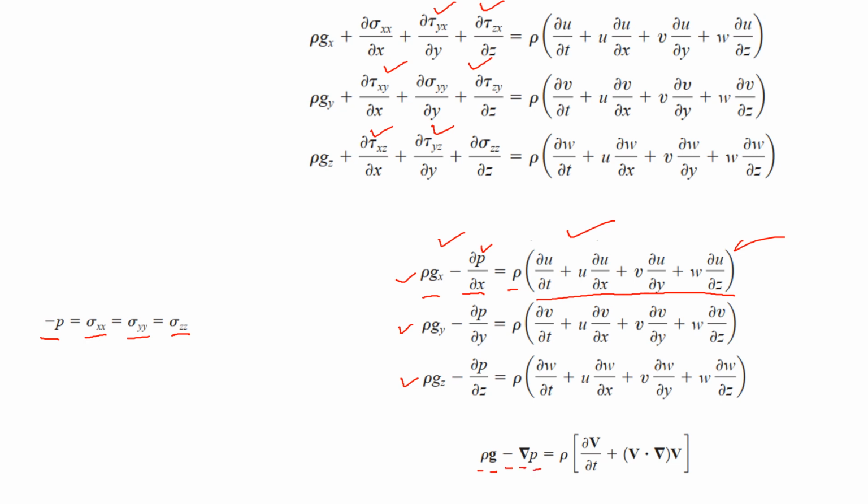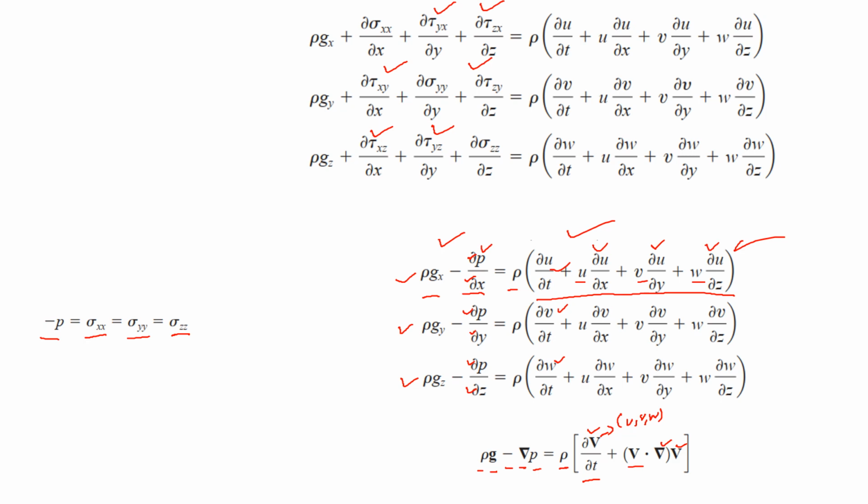The del will represent all the partial derivatives, that is partial over partial x, partial over partial y, partial over partial z, is equal to the partial change in velocity with respect to time. This velocity will contain all the u, v, w velocity vectors, plus the del term, that is partial over partial x, partial over partial y, partial over partial z, and the velocity vectors.